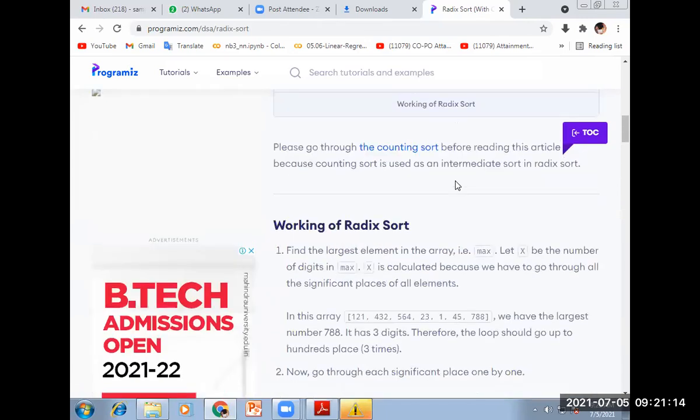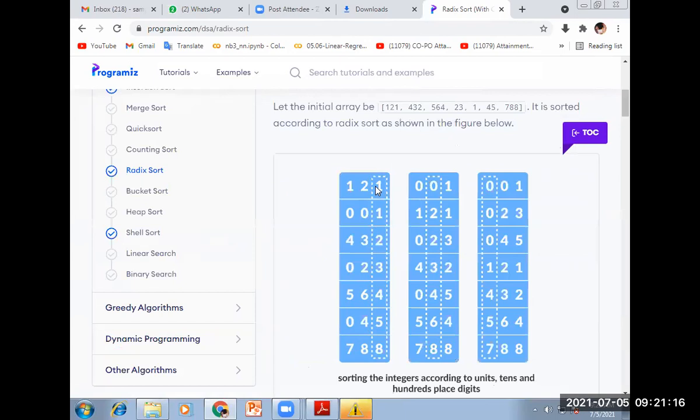We consider first the unit place, then the tens place, then the 100 place. Okay, clear? Any doubt, students?